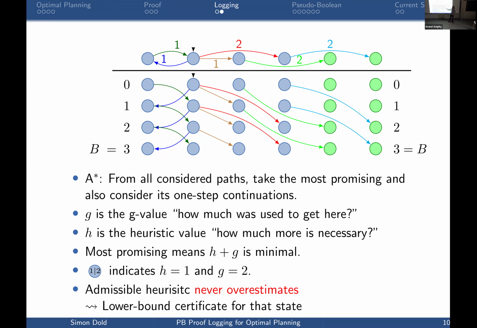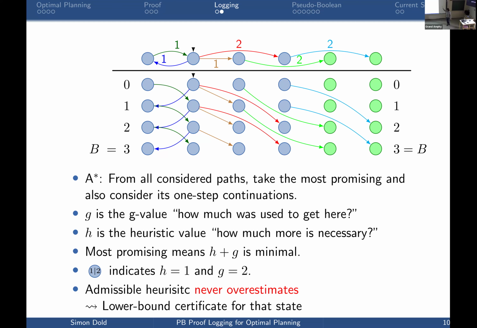The G value tells me how much resources it took to get to this end of the path. And the H value tells me how much more resources are necessary to get to one of the goal states. And most promising then is the addition of those two values. And if it's minimal, then it's the most promising one.